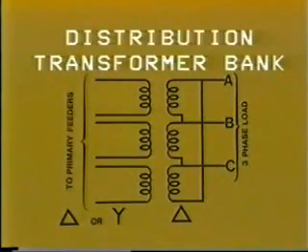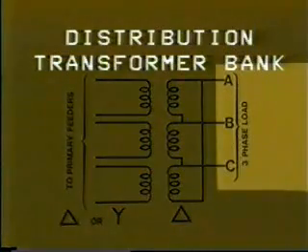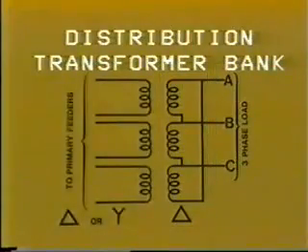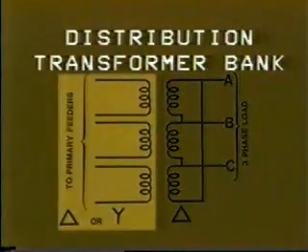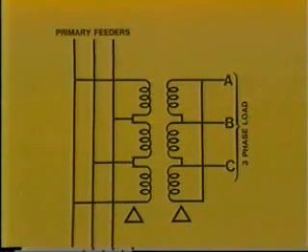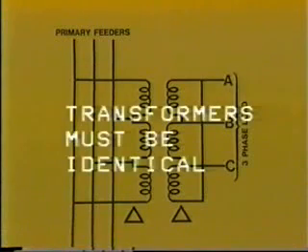Okay, now for serving just a three-phase load, a delta-connected secondary arrangement is normally used. The primary windings can be connected in either delta or Y. When interconnecting single-phase transformers to form a delta-delta connection, as shown here, it is very important that all three transformers be identical.